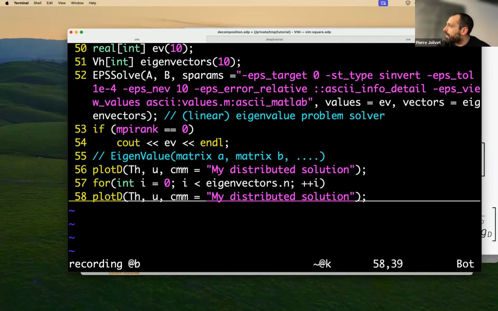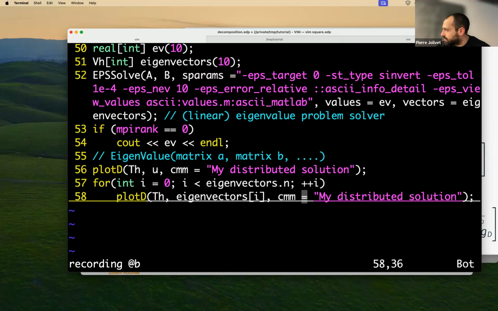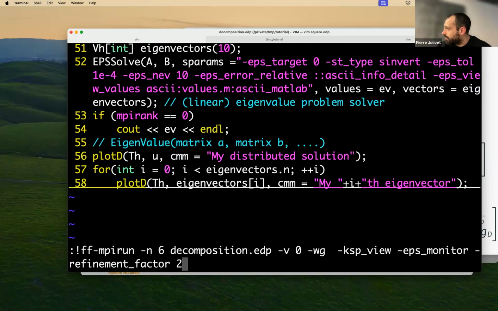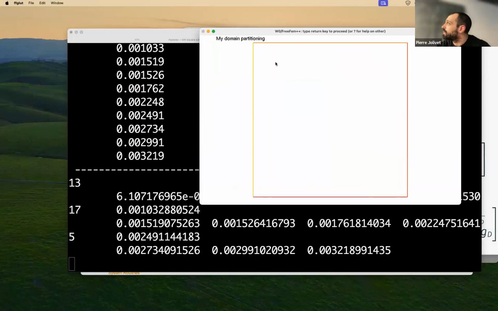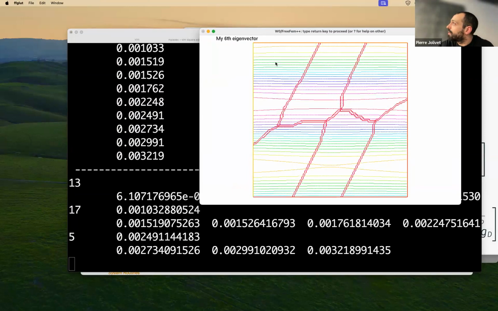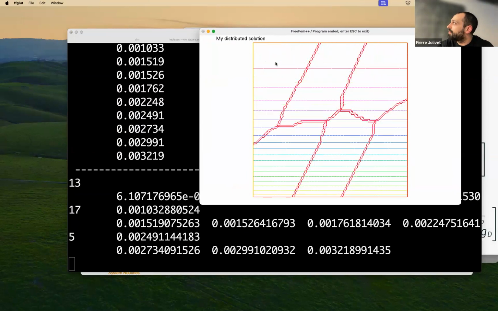And then I will plot the eigenvectors i, and so this will be my ith eigenvector. Okay, so let's check it out. There. Okay, so a little bit fast, but okay.